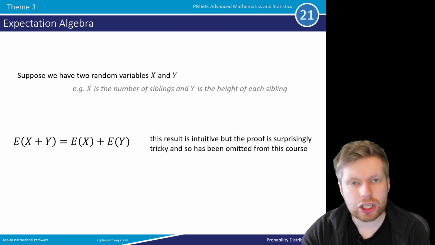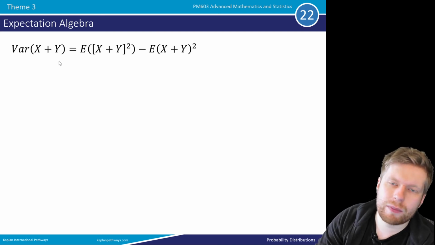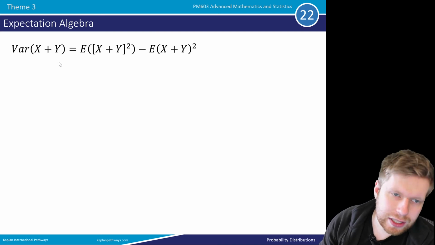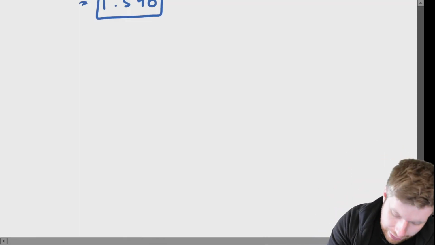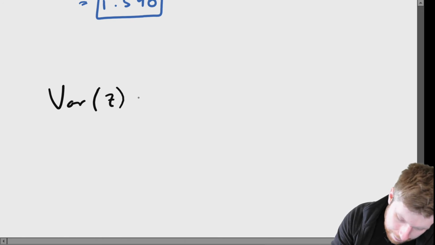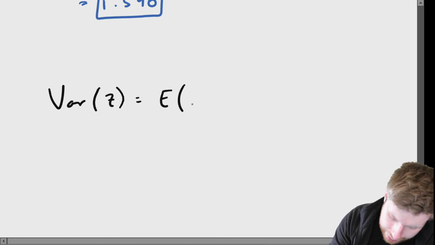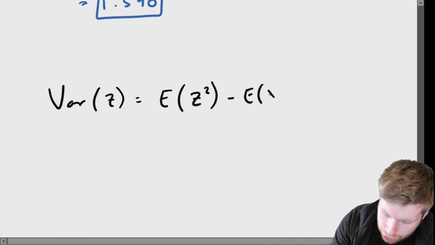So I know what the expectation of x plus y is, but what if I wanted to find the variance of those 2 random variables added together? Well, I've just seen that the variance of some particular random variable, let's say the variance of z then, because we're using x plus y, should be given as the expectation of that random variable squared, take away the expectation of the random variable all squared, okay?